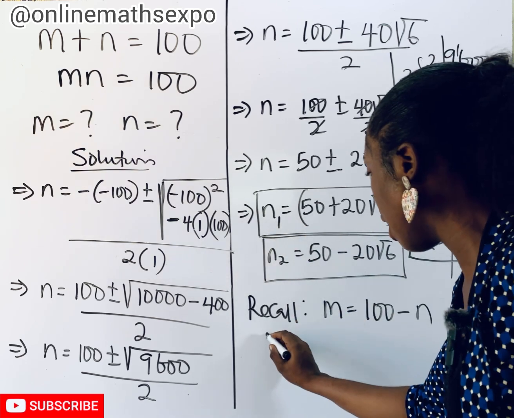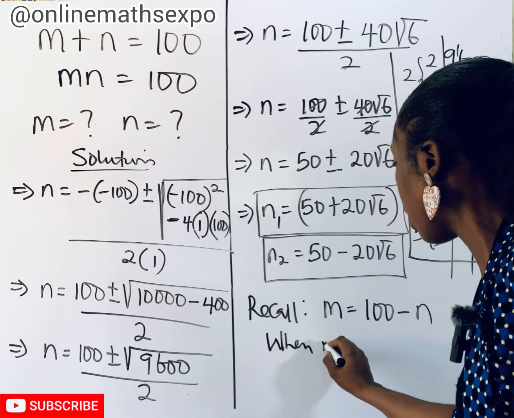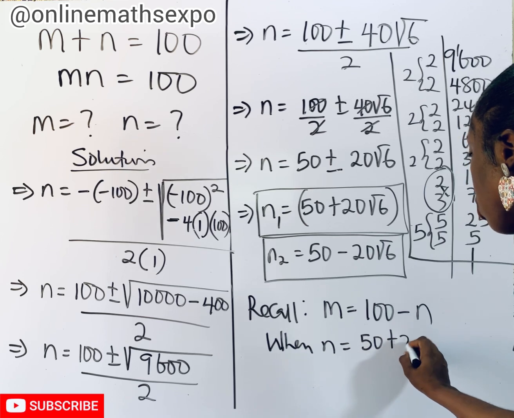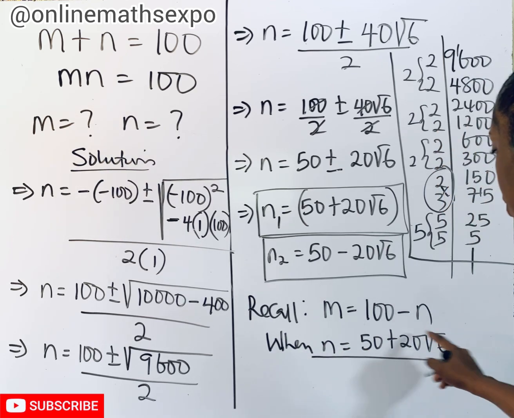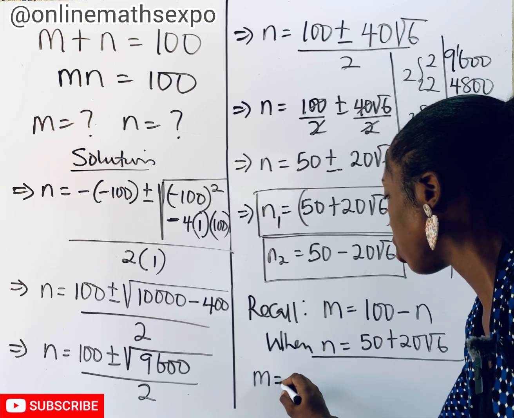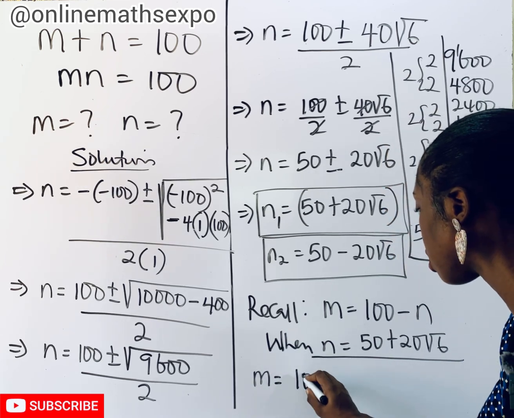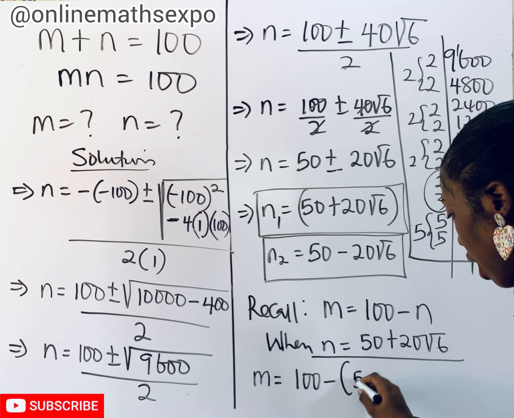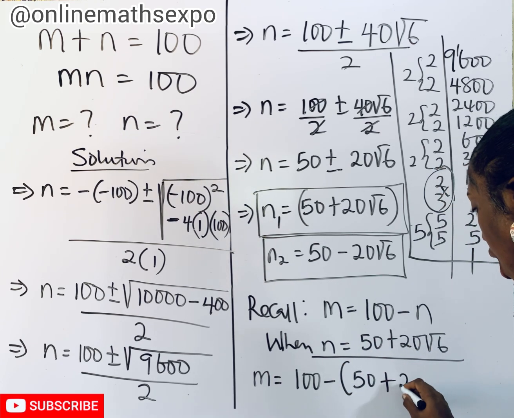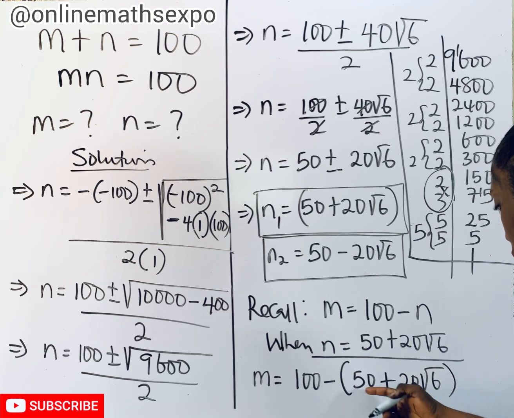So for when n is 50 plus 20 root 6, we are going to have 100 minus, our n is an expression, so please put it in brackets so that the subtraction sign affects the values in the bracket.